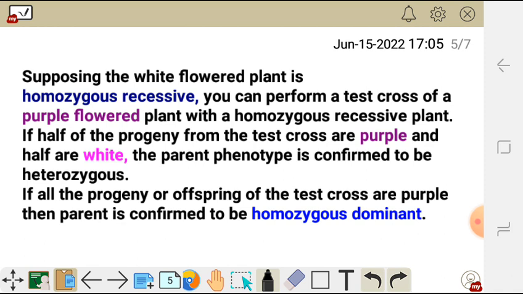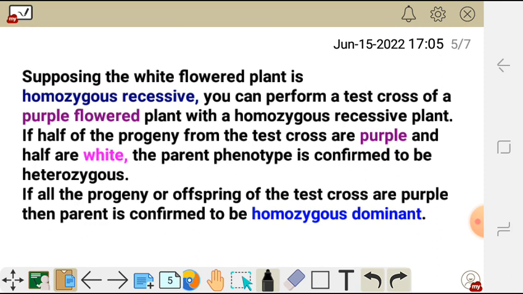What you can do is get another flower whose genotype is known and is recessive, and cross it with the purple flower. Supposing in this example that the white flowered plant is homozygous recessive, you can perform a test cross of the purple flowered plant with the homozygous recessive plant.